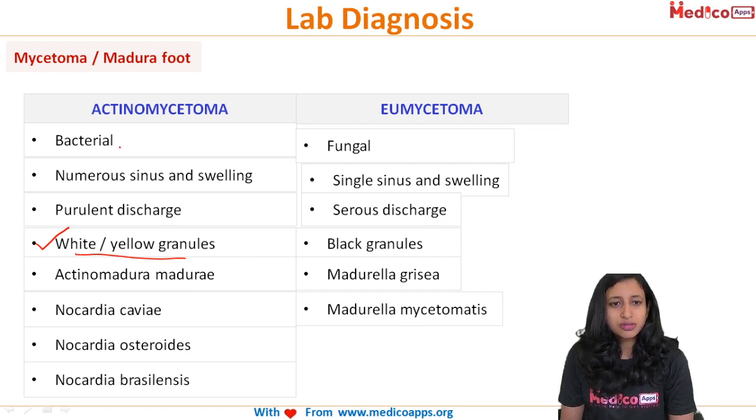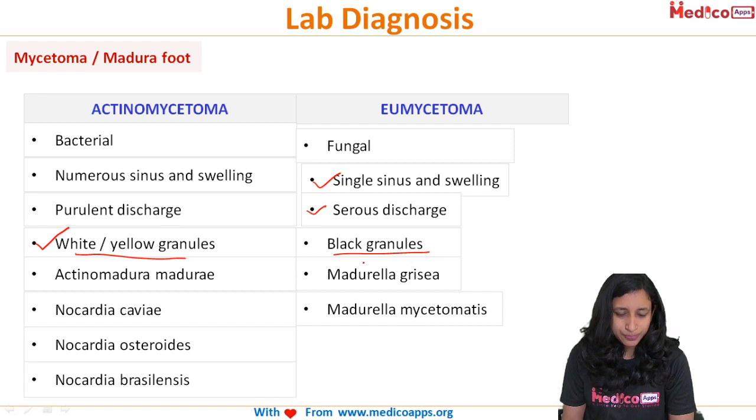So actinomycetoma is the involvement of bacteria causing Madura foot, and eumycetoma is when fungus is the cause, where you normally see a single sinus and swelling. There is serous discharge and black granules are very typically seen. Now the most important ones to remember under eumycetoma are Madurella grisea and Madurella mycetomatis.